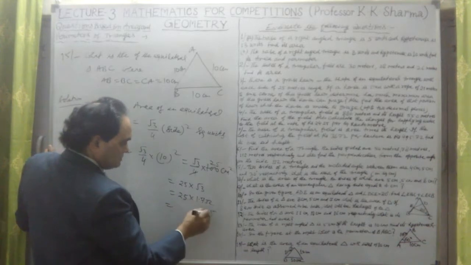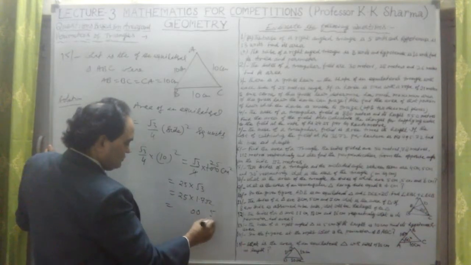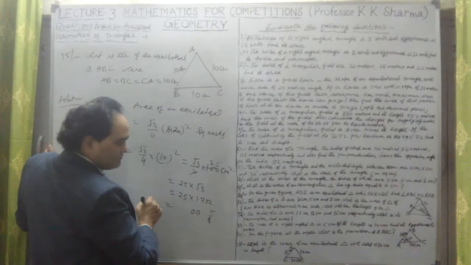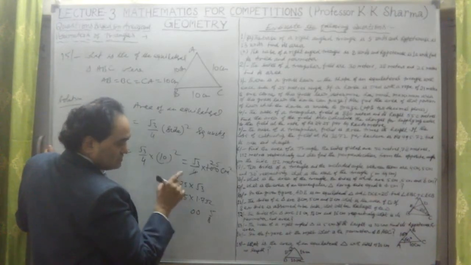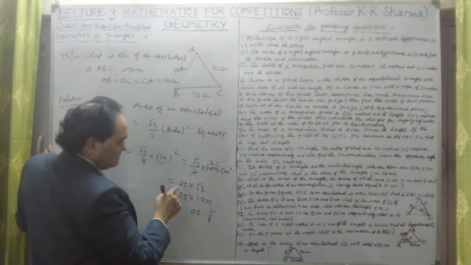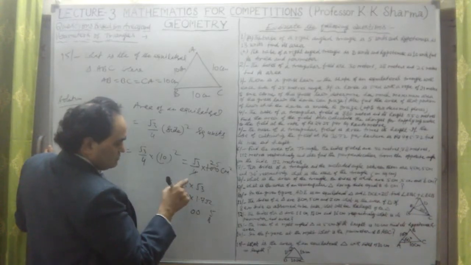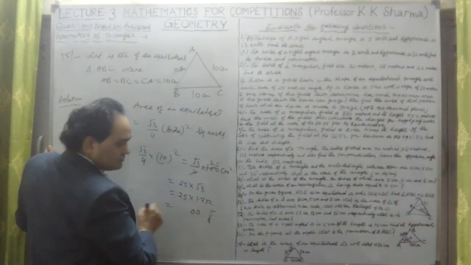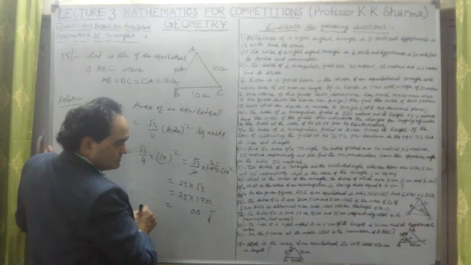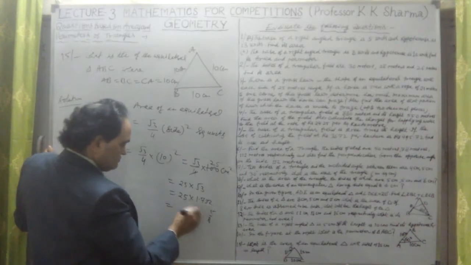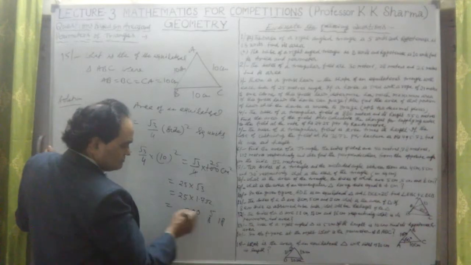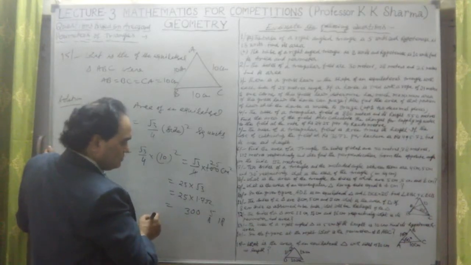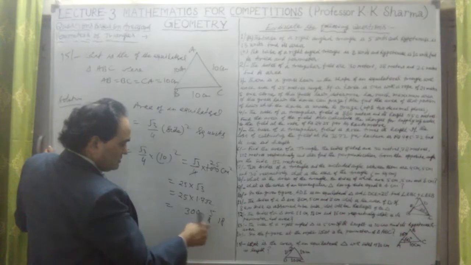25 times 7 is 175. 25 times 4 is 100. 175 plus 8 is 183. 3, carry 18.